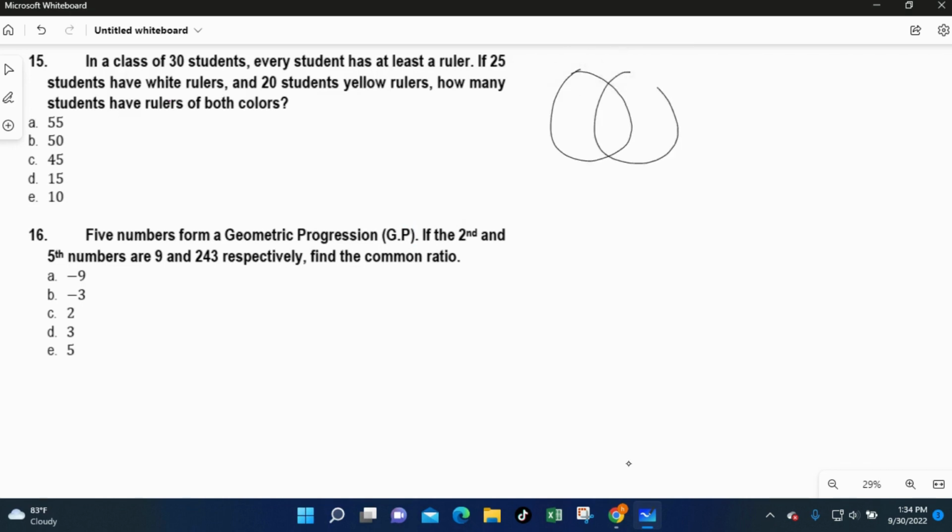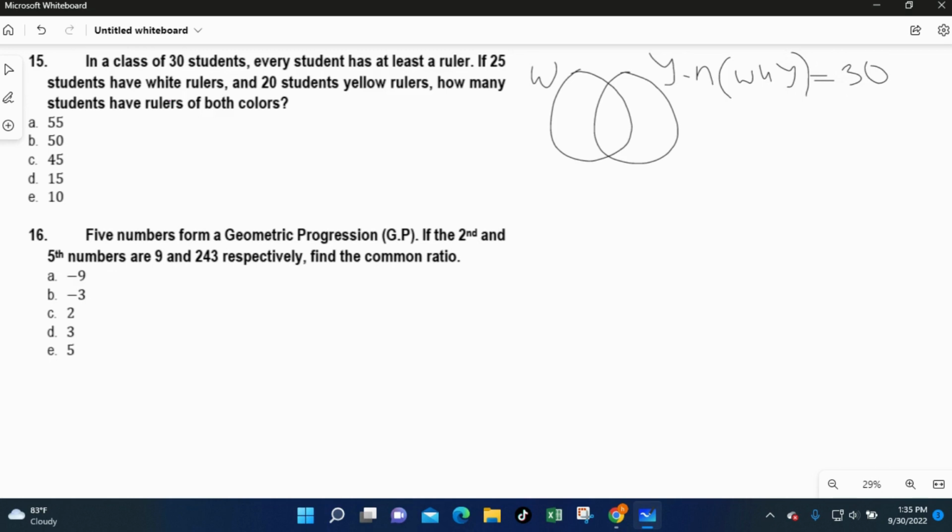This is for the white and this is for the yellow. We are told that the class is made up of 30 students. That means the number of students in the union of white and yellow is 30.